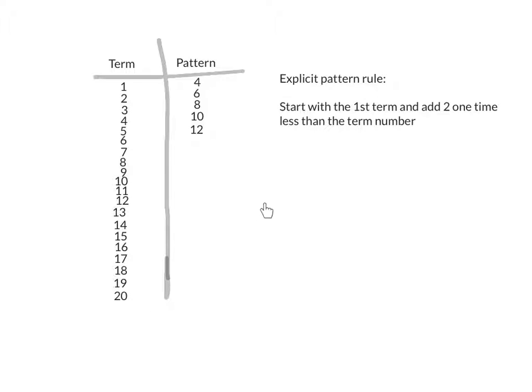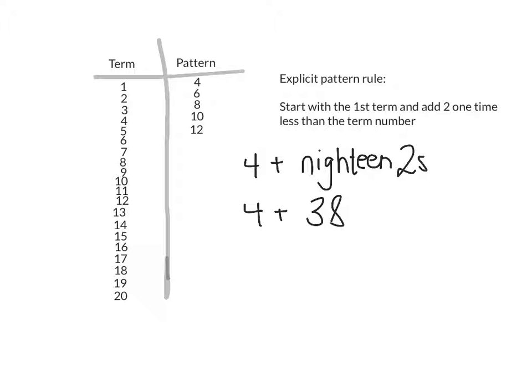Therefore, our pattern rule, as we were told to start with 4, would be 4 plus 19 twos. So we have 4. Now 19 twos altogether would be 38. Now when we add that together, we get 42. That means that the 20th term should be 42.